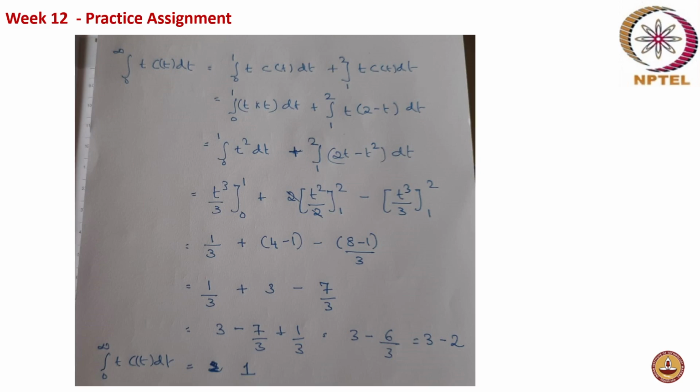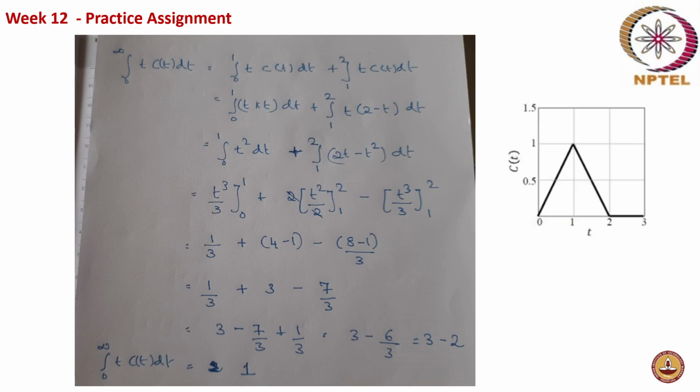The integration of t square is t cube by 3, and the integration of t is t square by 2. Substituting the integration values and applying the limits, you will end up with integral 0 to infinity t into C of t dt equal to 1.